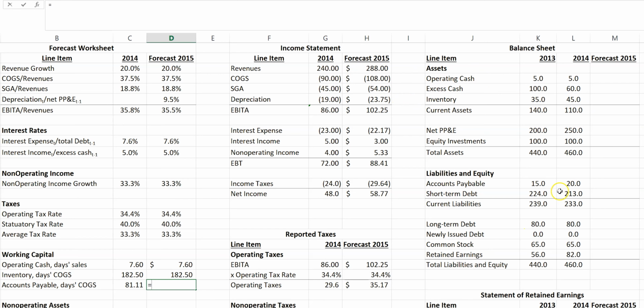So I'll take the absolute value of my accounts payable divided by cost of goods sold times 365, and I have 81 days of accounts payable in terms of cost of goods sold. So I'm paying back my suppliers in about 81 days.